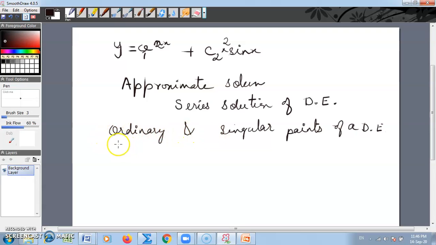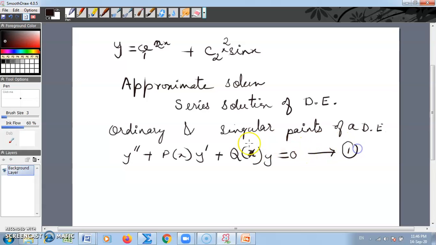So let us consider an equation like this: y double dash plus px y single dash plus qx into y is equal to 0. Let this be equation number 1.